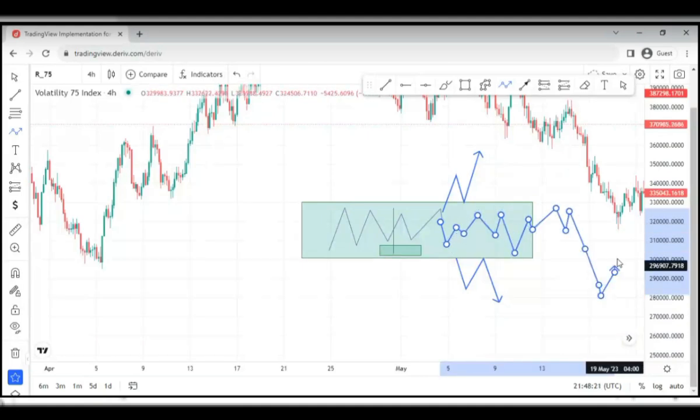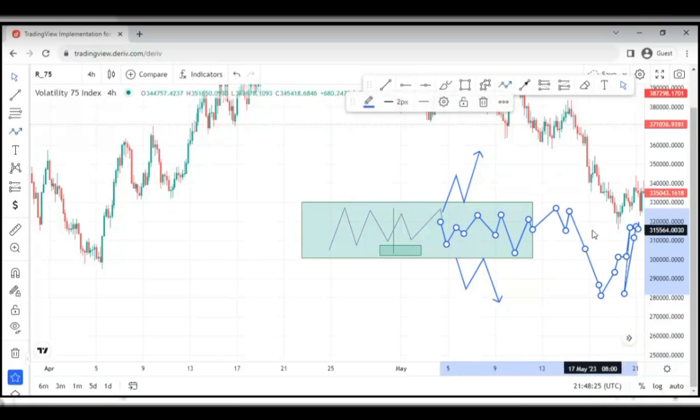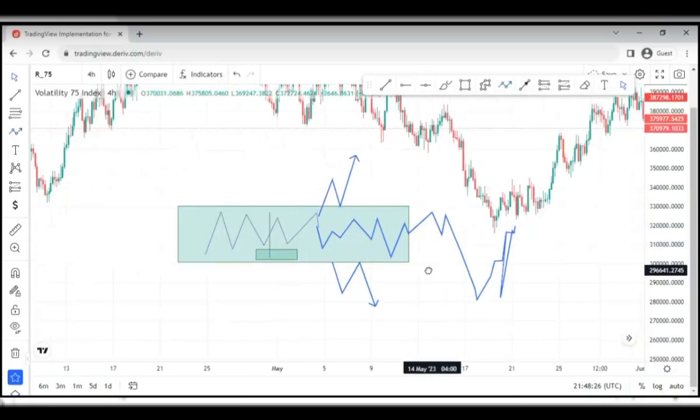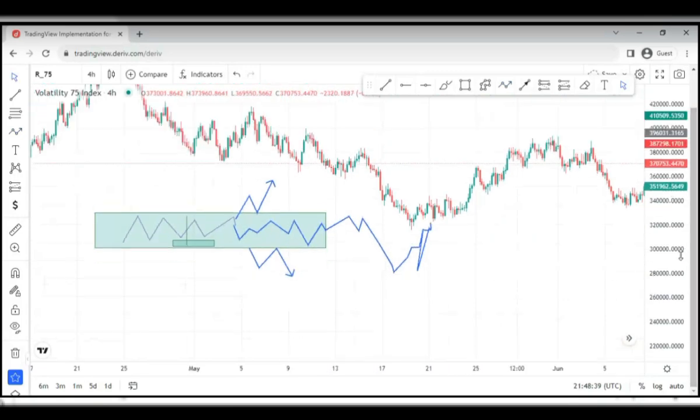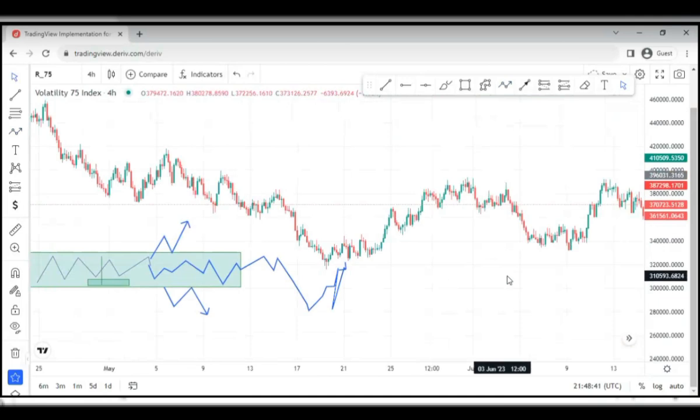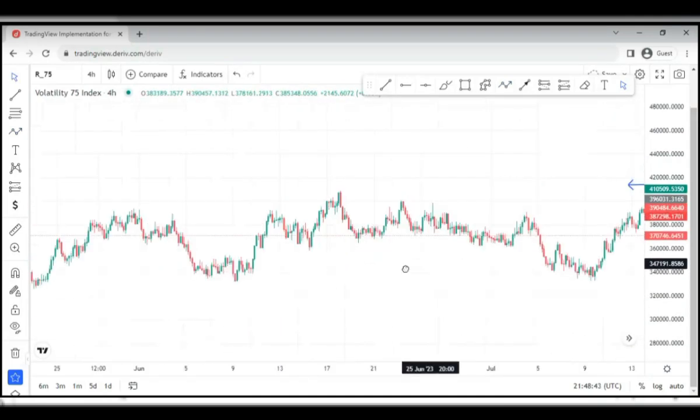Sometimes it could even break out and go back into the range. So you can't judge it so much when it's in the range. Just allow it to break out completely and begin a move before you start making your judgments. Okay? That's my candid advice on that. I hope I answered your question.